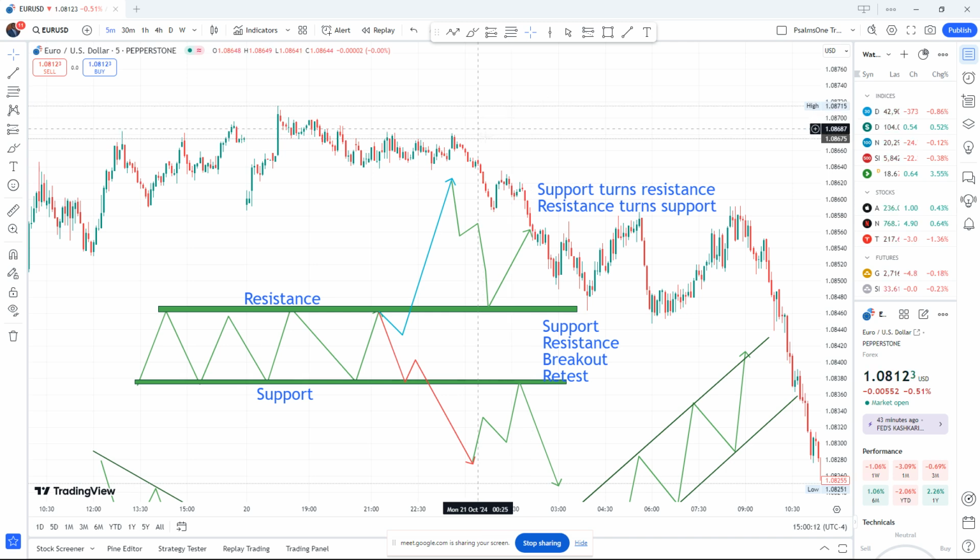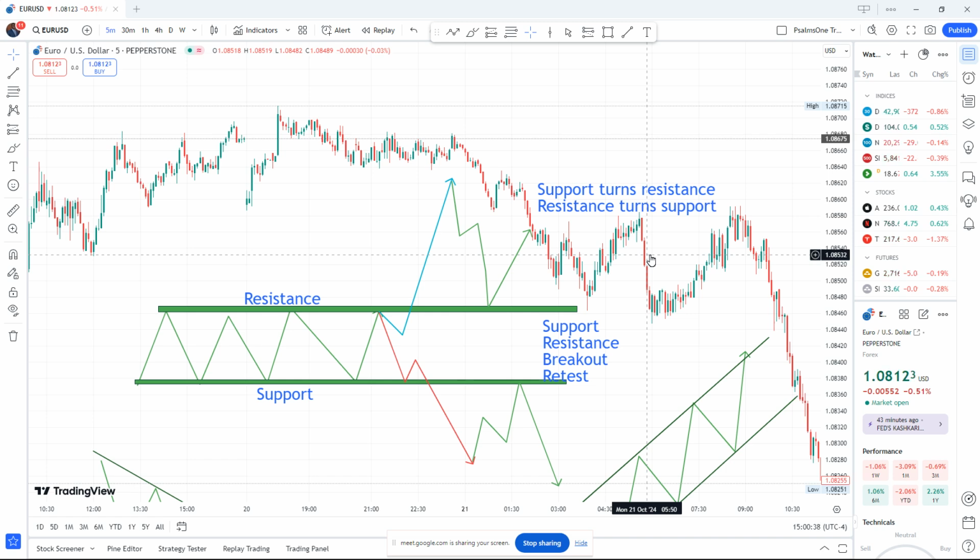Good day, everybody. I'll start with a quick revision of last class. We explained that market always moves from a range, or sideways market, to a trend, from ranging to trending.